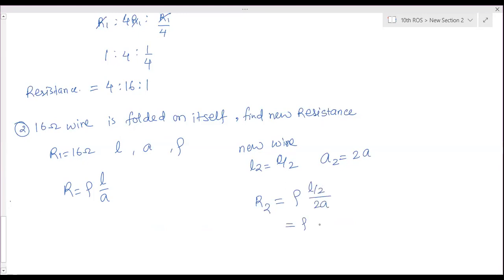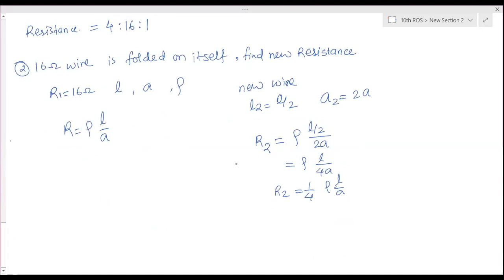What's the value? L by 4A. So 1 by 4 rho L by A is R2. That means rho L by A is the original resistance R, so R2 is 1 by 4 into 16, which is 4 ohm.